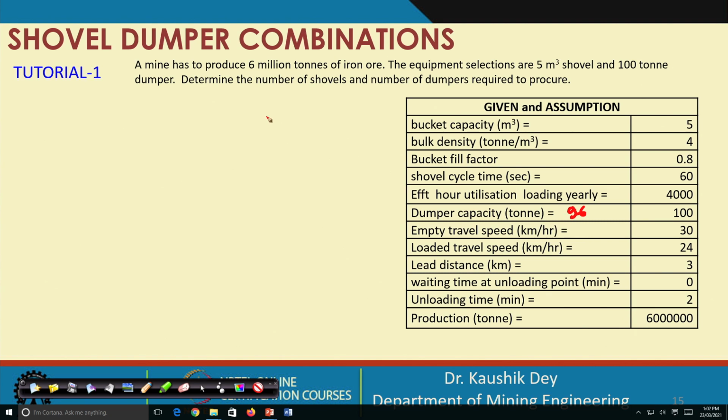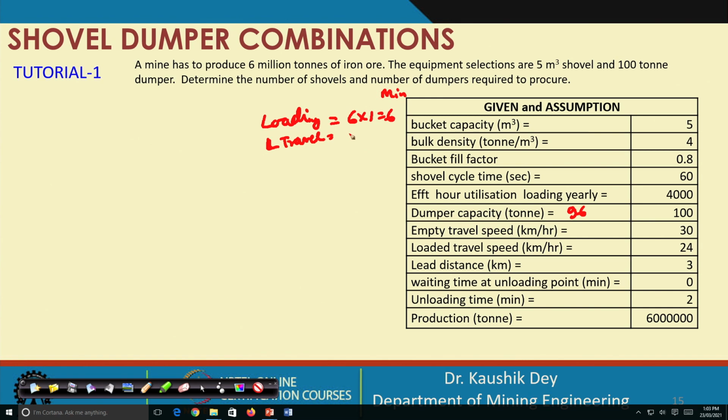So, now let us find the cycle time. Loading time is 6 into 1 minute. So, that is 6 minutes, these all are in minutes. Now, our empty travel time, loaded travel time, loaded travel is again this 3 by 24.